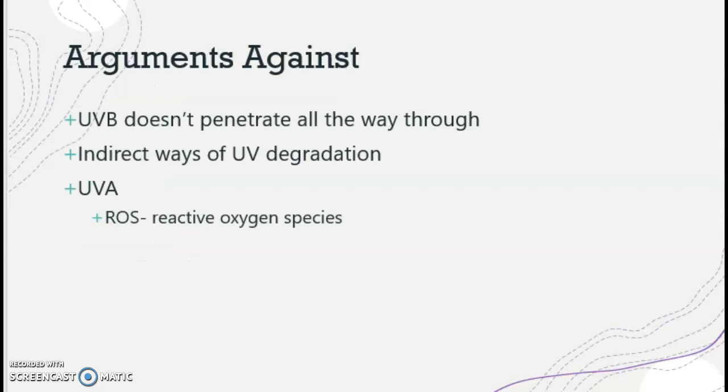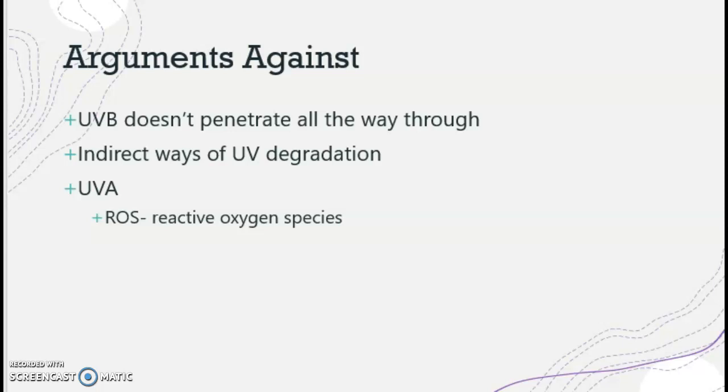The main argument against folate driving skin color evolution is that UVB rays don't penetrate the skin deep enough to affect the majority of folate levels inside the body. While there is truth to their argument, there are indirect ways that UV rays could degrade folate levels in the body.